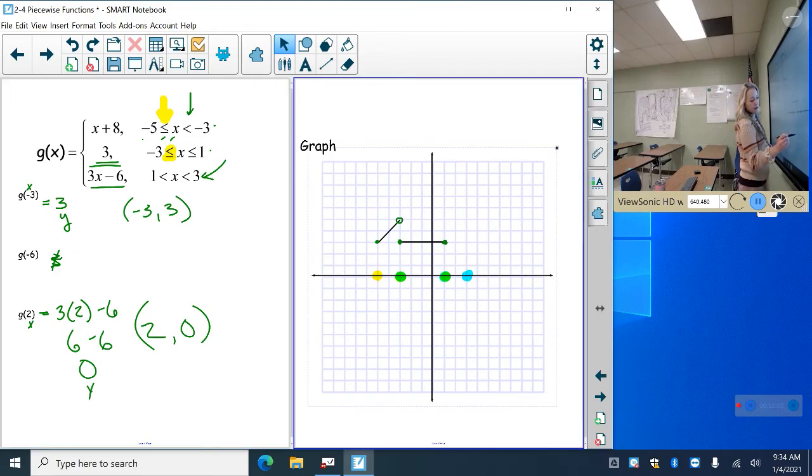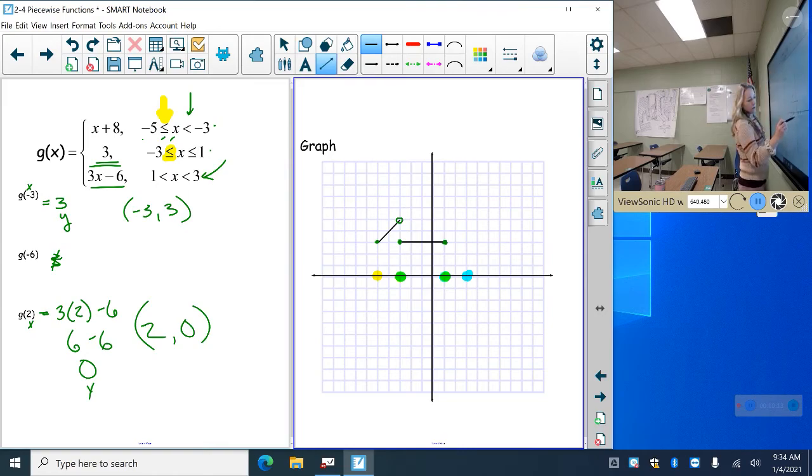So I'm going to start there, and I'm going to have a slope of 3. So I'm going to go up 3, 1, 2, 3 over 1. Up 3, 1, 2, 3 over 1.